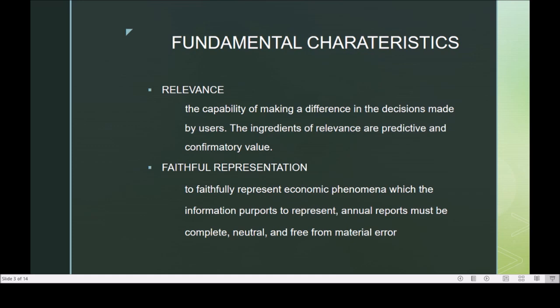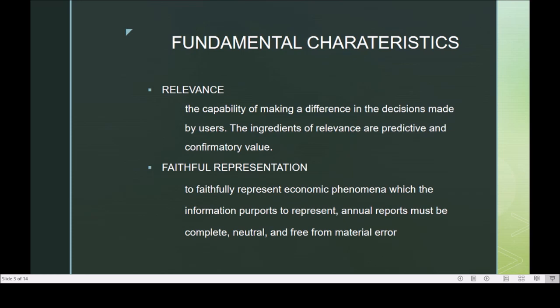Ibig sabihin, lahat ng mga accounting transactions that occurred throughout the accounting period must be included in that particular financial statement.